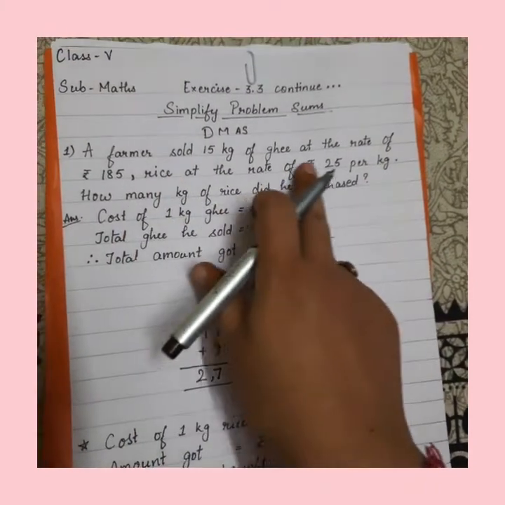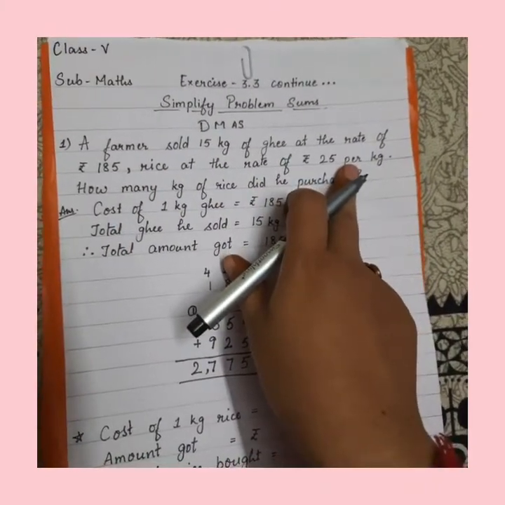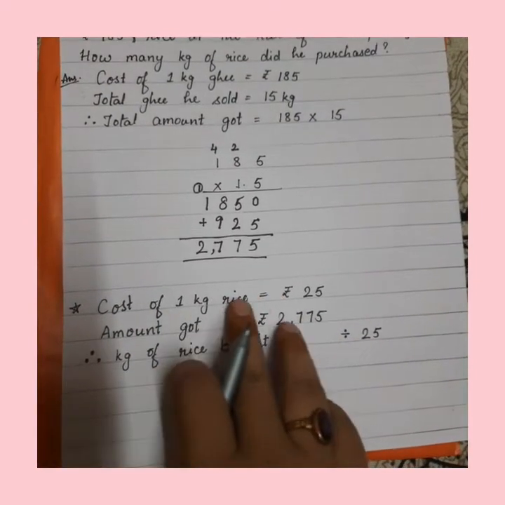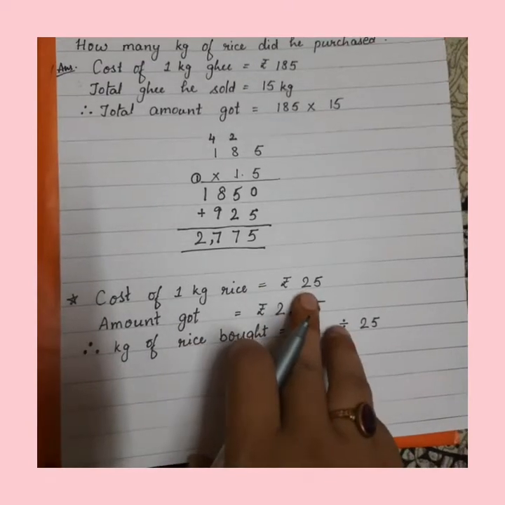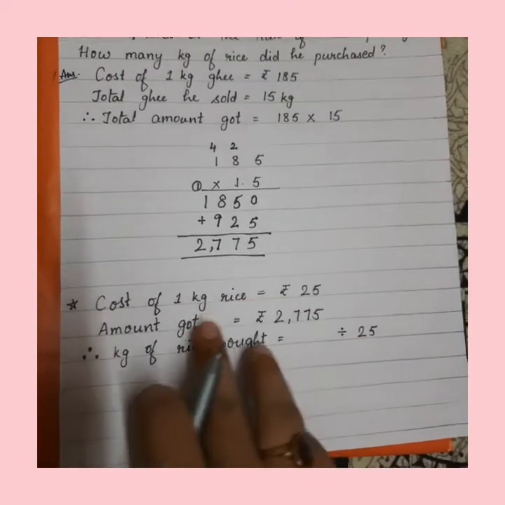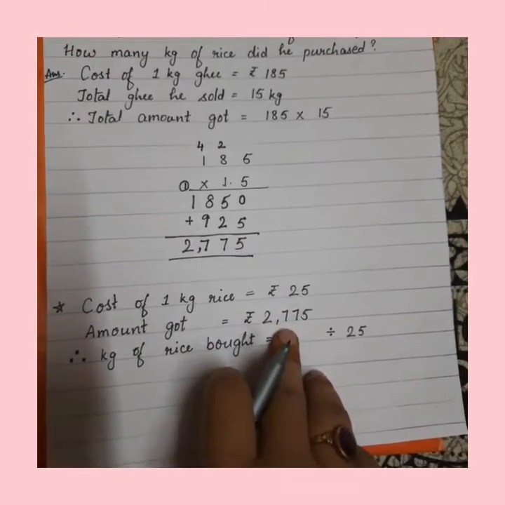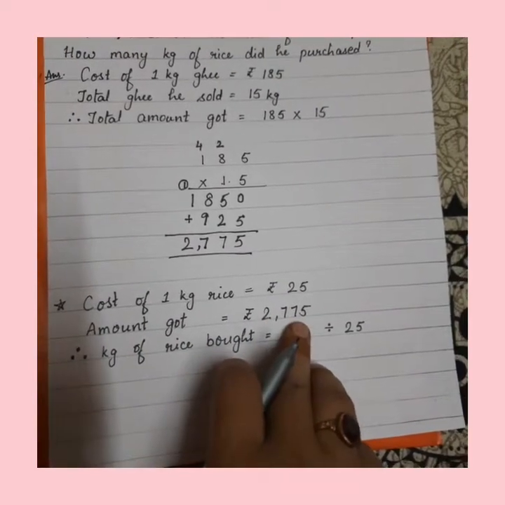He is purchasing rice at the rate of rupees 25. Now cost of 1 kg rice is rupees 25, which is given in the question. Amount he got by selling the ghee is 2775.